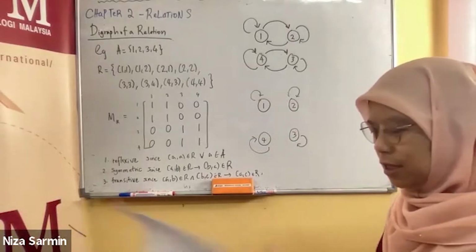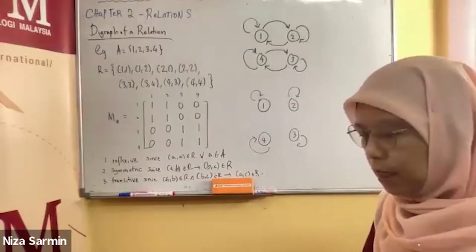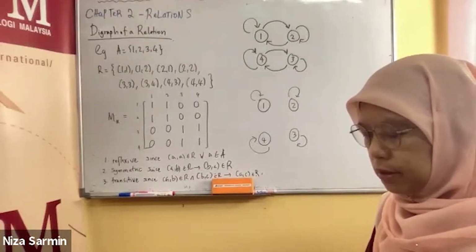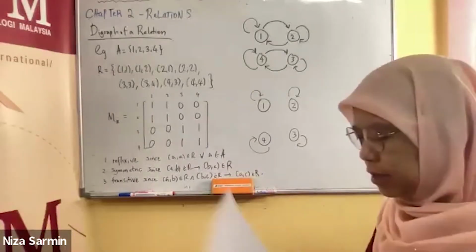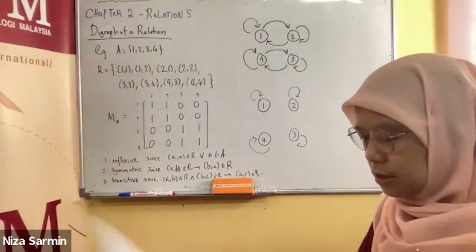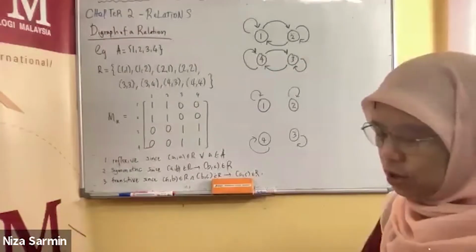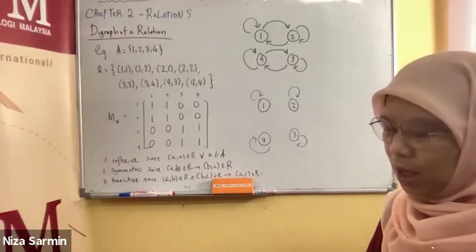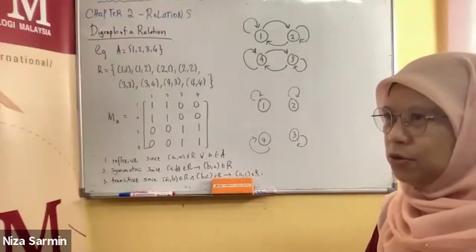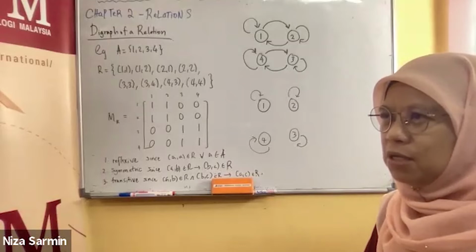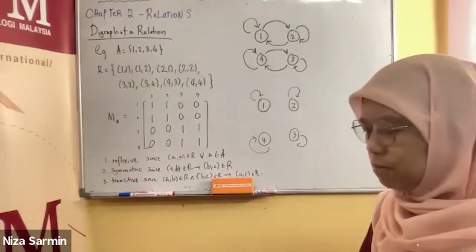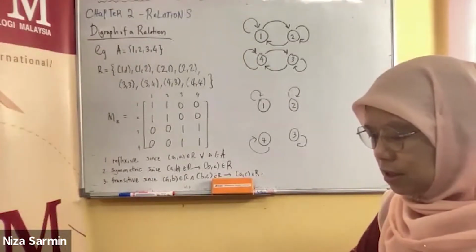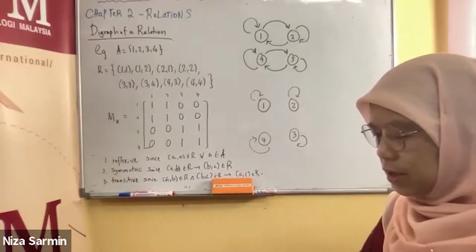When you check from the matrix of relation, sometimes students don't like to try to memorize the MIJ, the MJI. So you just check from the definition of the asymmetry, right?